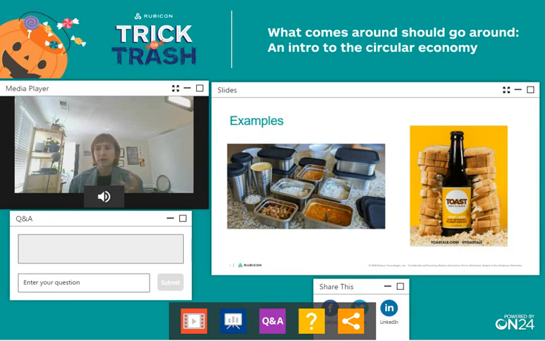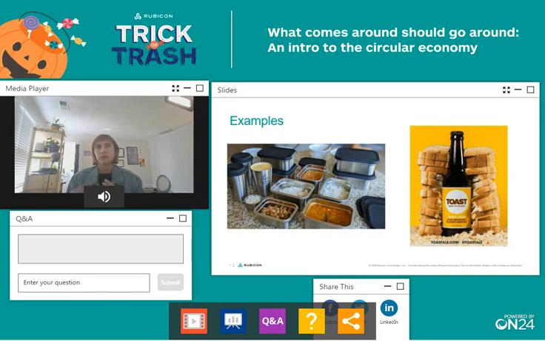If you think about eating at a fast food restaurant or a takeout restaurant, a lot of times we use single-use containers that we use once and then we just throw them away. So instead, what if we could use reusable containers? This is a good example of designing a system that eliminates all of that waste that would usually be generated.